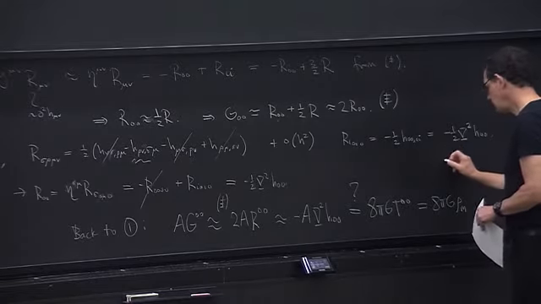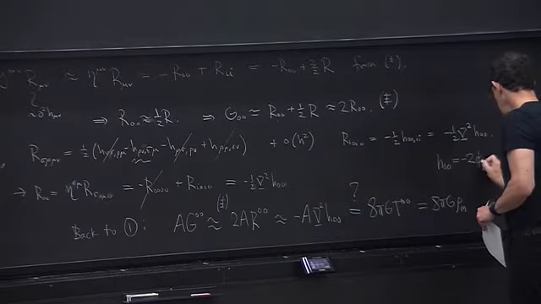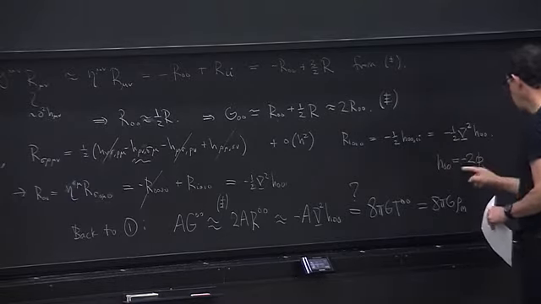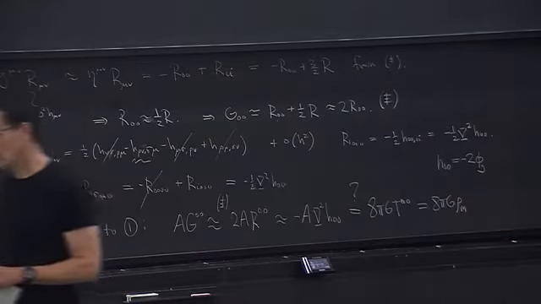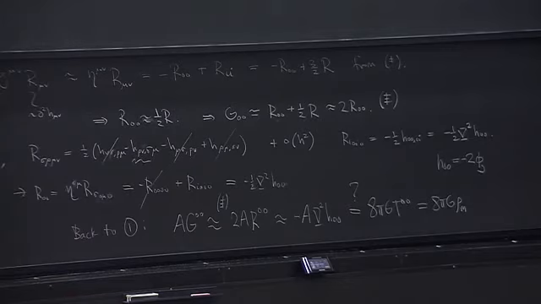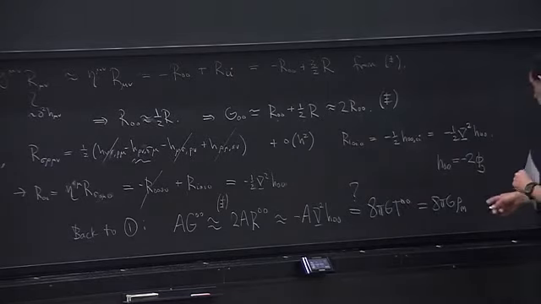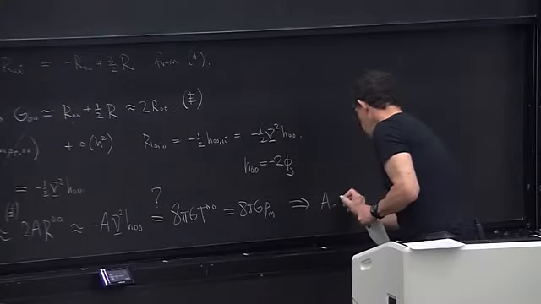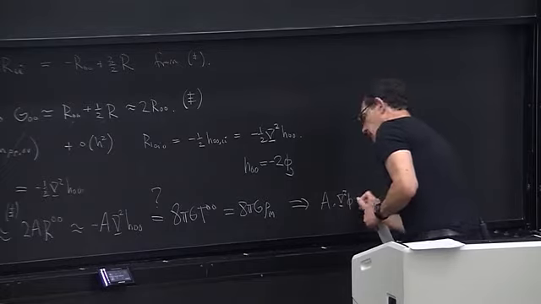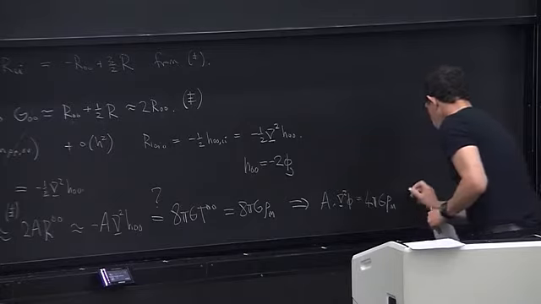Okay, and we also remember that h00 is minus 2 phi. The relationship between h00 and the Newtonian gravitational potential is just that h is minus 2 phi. And so what we have from this is that, so I have a 2 on the left-hand side, so I have a times del squared phi equals 4 pi g rho m. And so this is correct if a equals 1.